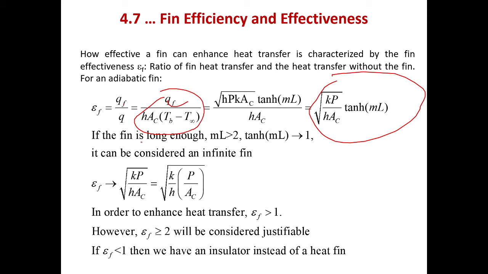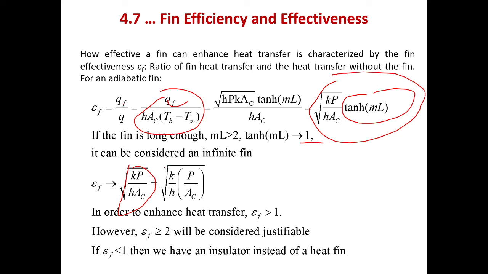If the fin is long enough, that is if mL is greater than 2, it is called a long enough fin, and tanh(mL) tends to 1, so it can be considered an infinite fin. So epsilon f also tends to root of kP upon hAc, because tanh(mL) tends to 1. When we put the value of 1, we get that equation.